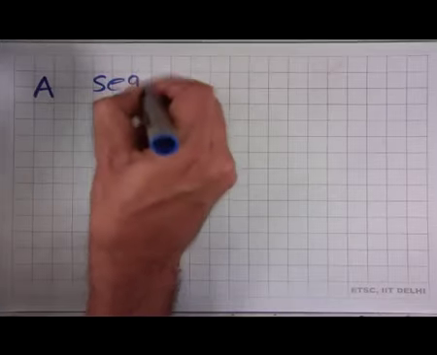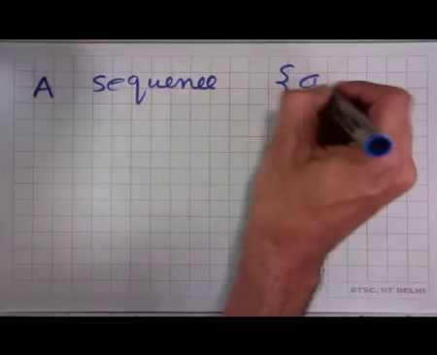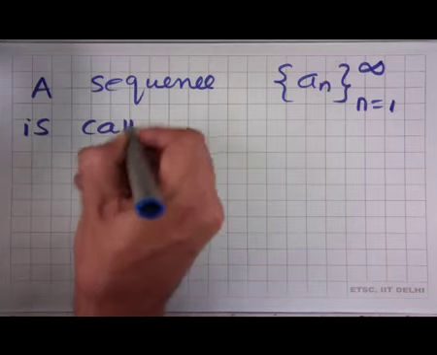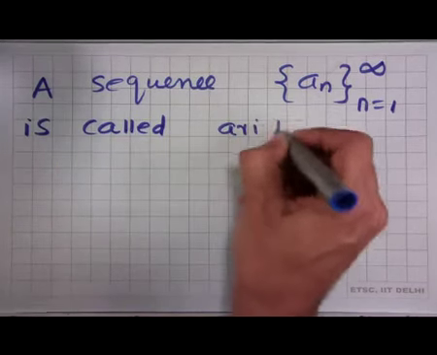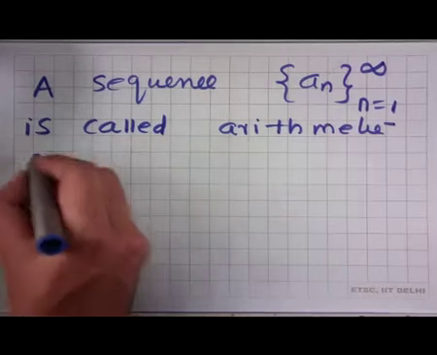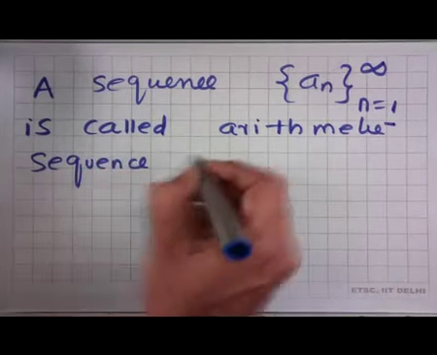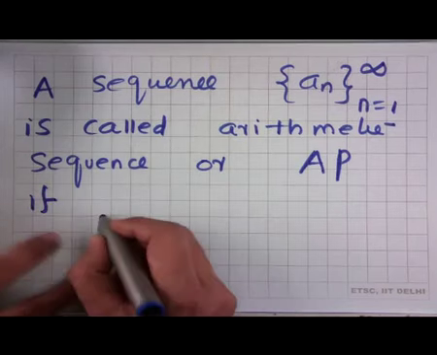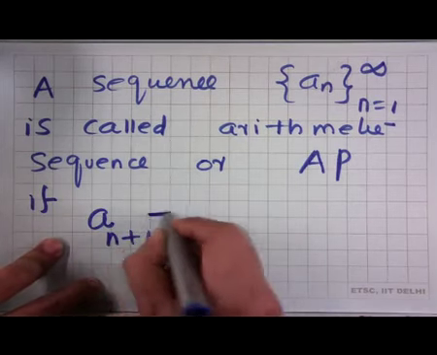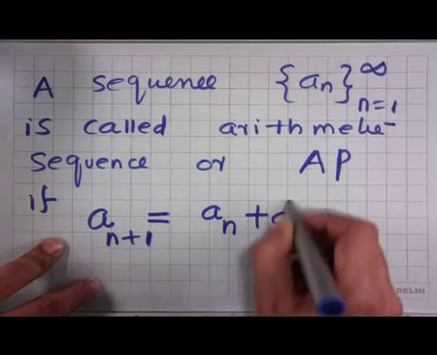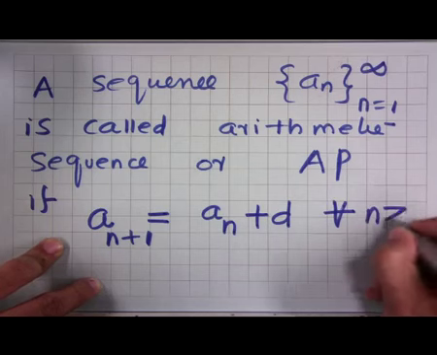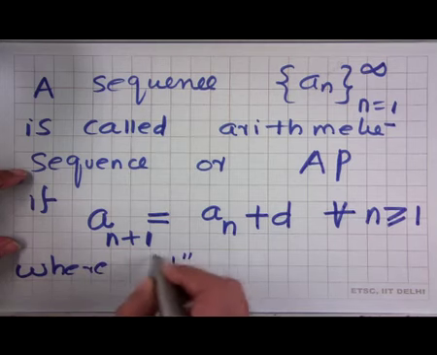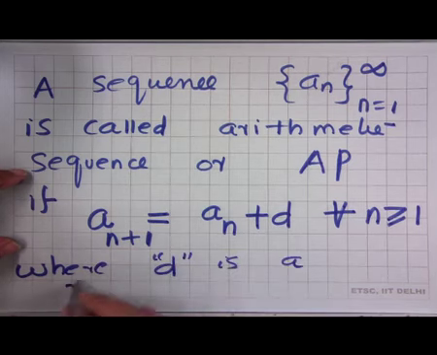A sequence a_n, n equal to 1 to infinity, is called an arithmetic sequence or arithmetic progression, let me write AP, if a_(n+1) is equal to a_n plus d for every n greater than or equal to 1, where d is a real number.